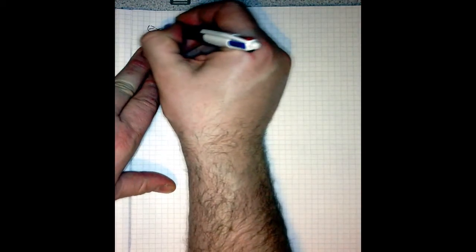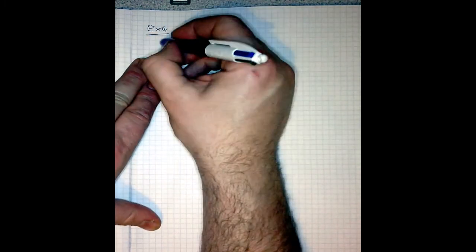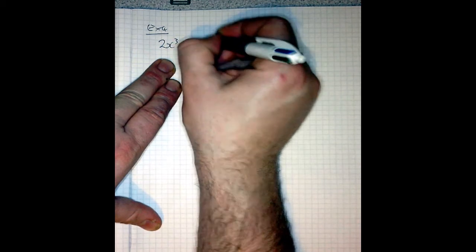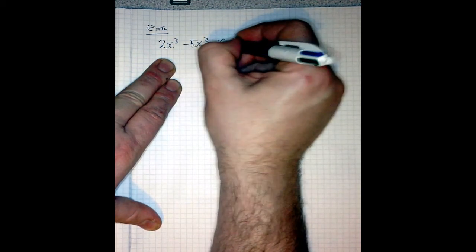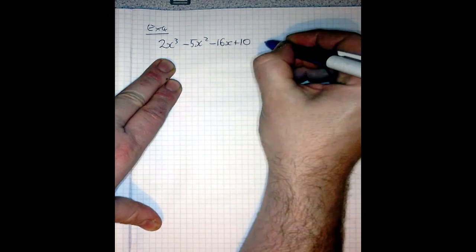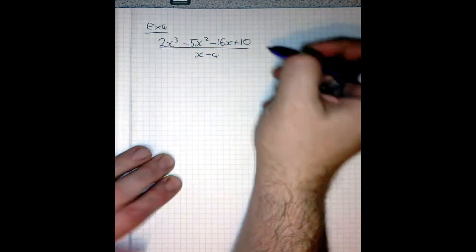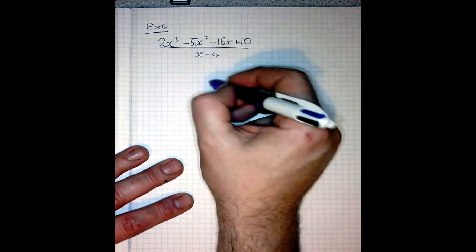And let's do example 4. 2x cubed minus 5x squared minus 16x plus 10 divided by x minus 4, and I want the remainder.